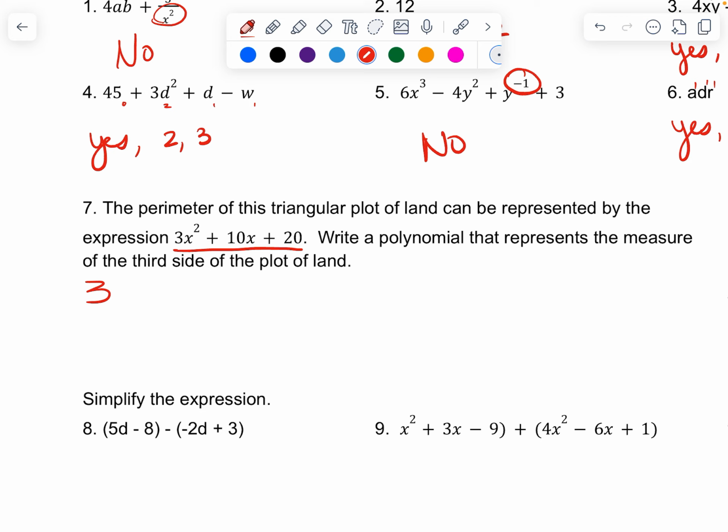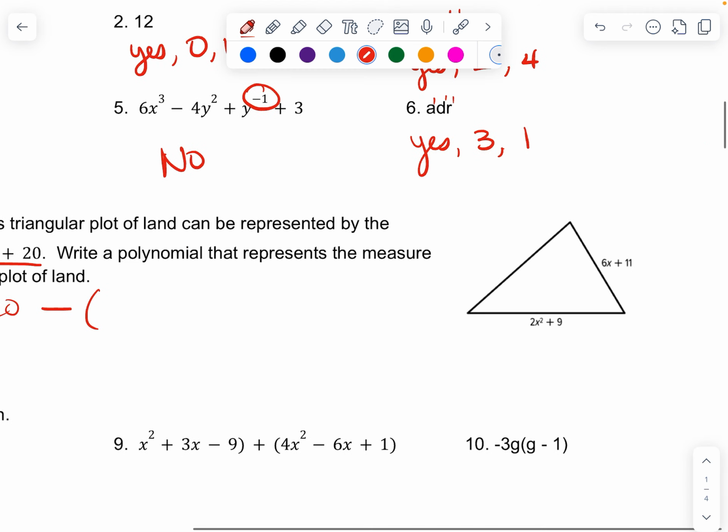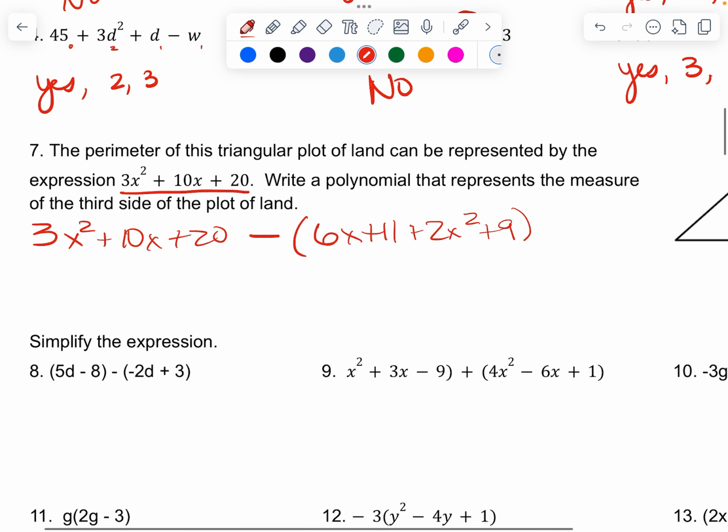So if I say this is my perimeter, and then I'm going to subtract the stuff that's over here. Okay, so I have 3x squared plus 10x plus 20. I'm going to subtract.